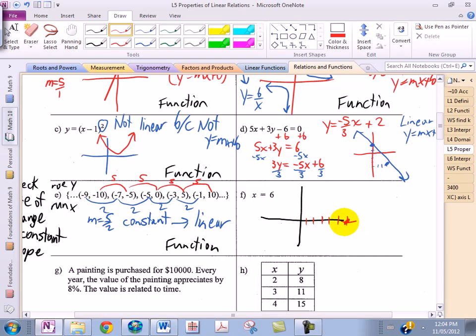Yeah, it's a vertical line right here, straight up and down. So, is it linear? Absolutely. Okay. But is it a function? No, because all those points are on the same x. Okay, so it's not a function. There's more than one output.